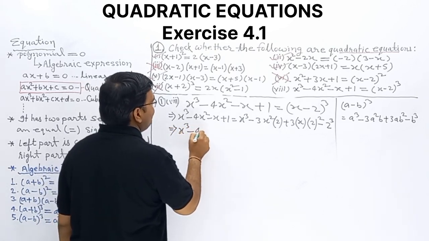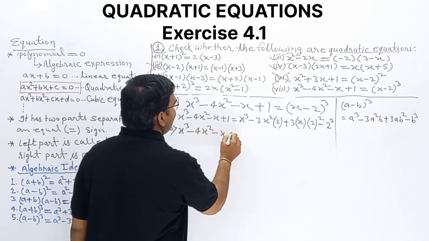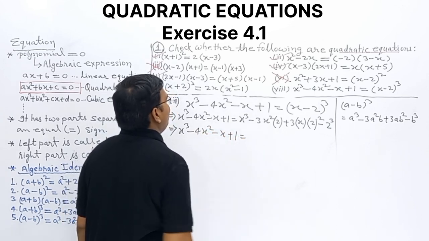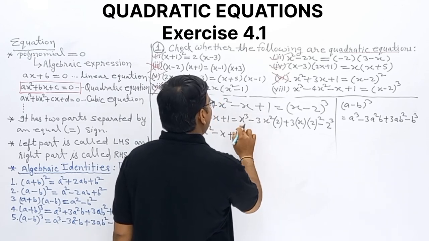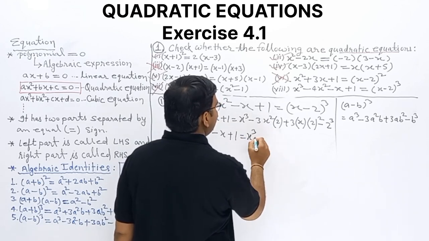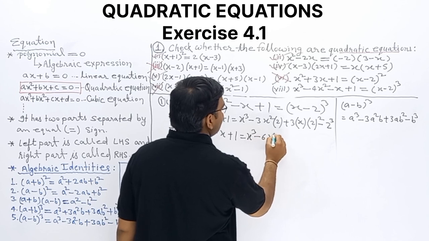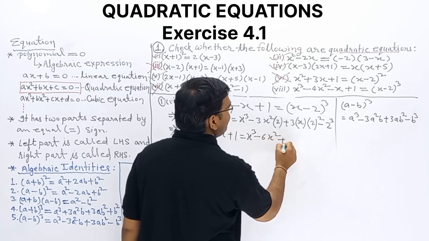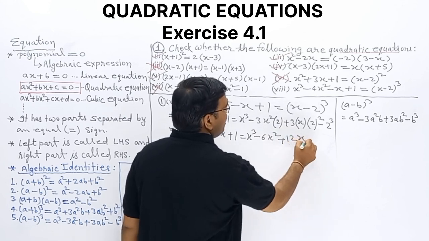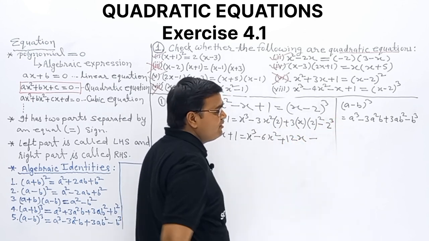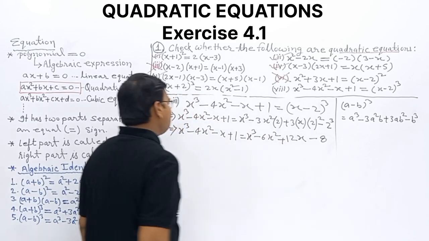Solve this one. x cube minus 4x square minus x plus 1 equal to, write carefully, first one is x cube, second one minus 6x square, plus 12x, minus 2 power 3 will be 8.